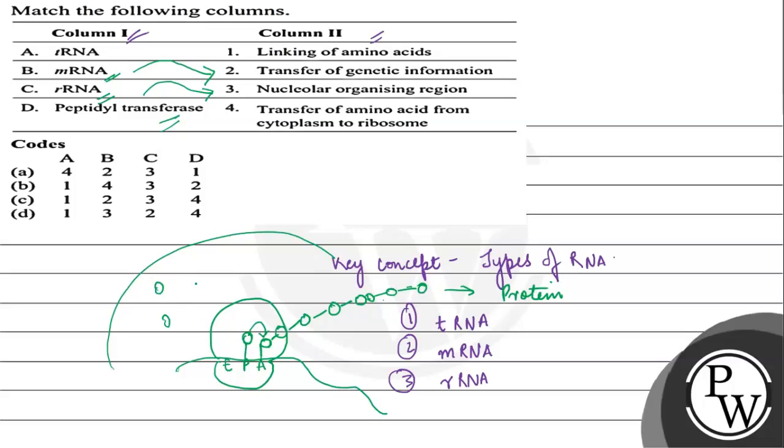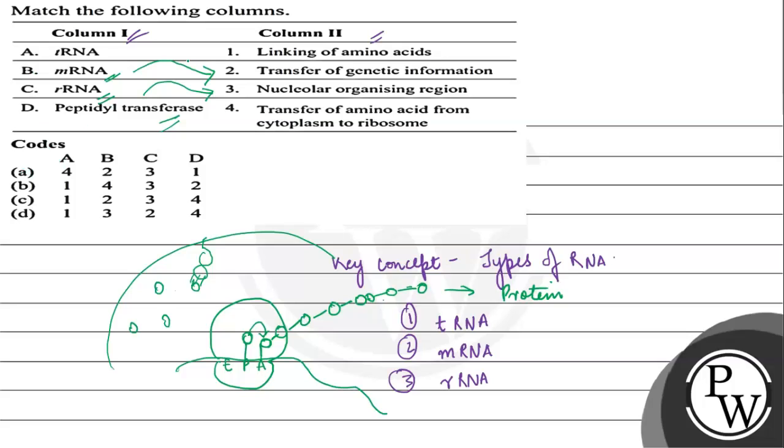Here certain amino acids are synthesized or coded. Now they bring these tRNAs, suppose this is the tRNA, which brings the amino acid, and they add it in this region. Thereby the protein is formed.